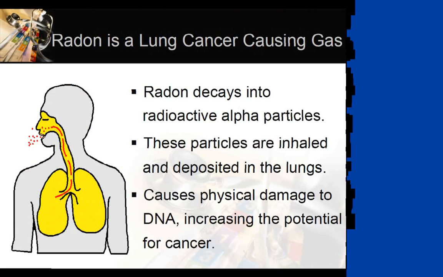So radon is a lung-cancer-causing gas. Okay, well, why? Well, it's these radon decay particles that occur very quickly inside the lungs. They're inhaled deep into the lungs, and they can cause physical damage to the DNA, to each molecular system inside the lungs. Our lungs are very sensitive.